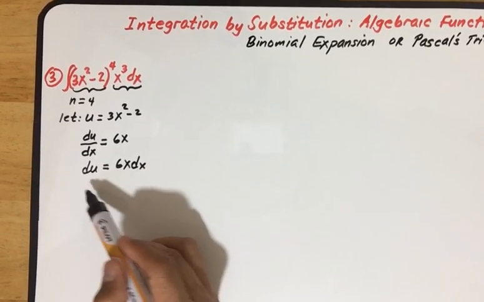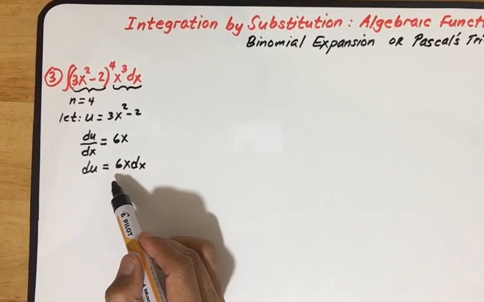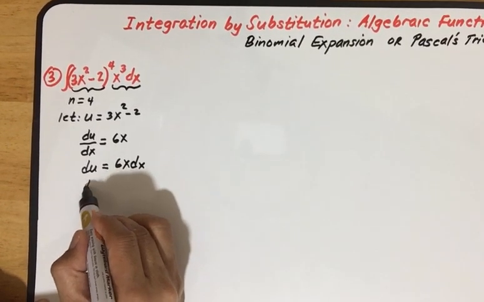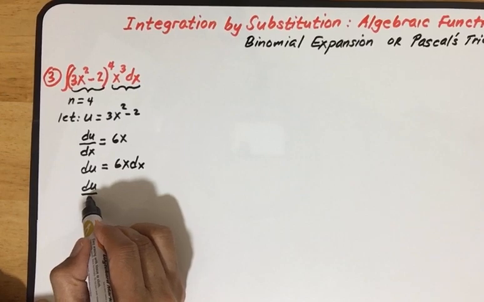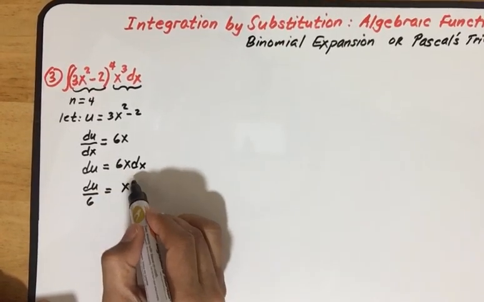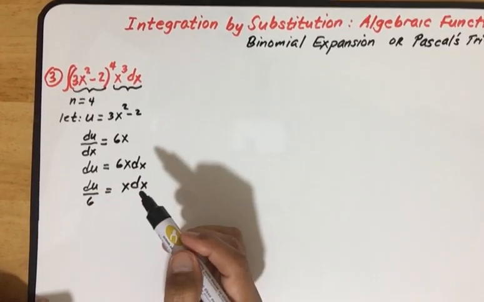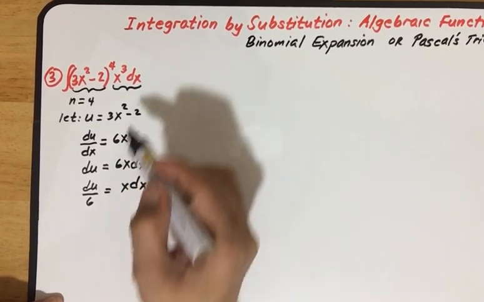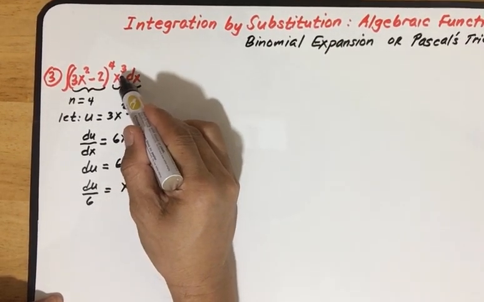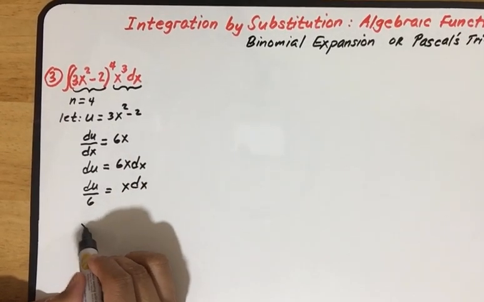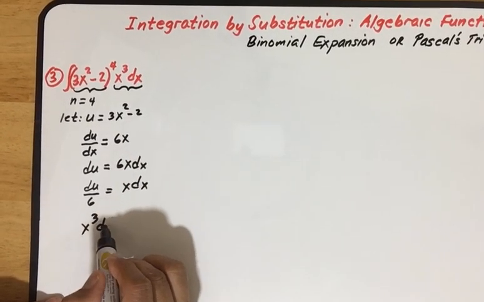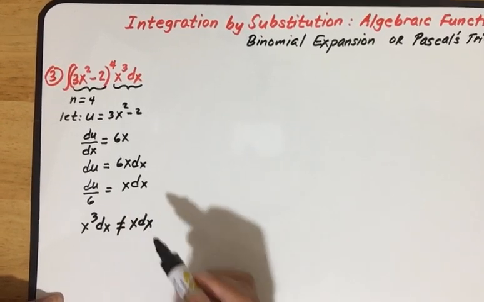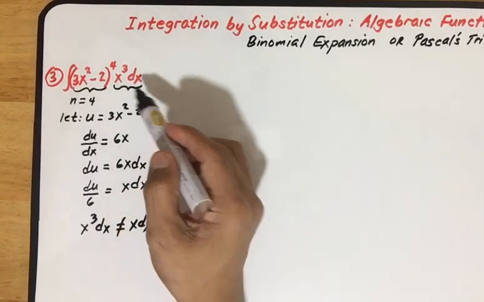If we divide both sides by 6, you have du over 6 equal to x dx. But we know that here we have x cubed dx. So x cubed dx is not equal to x dx. So there's no way that we can find our du here.